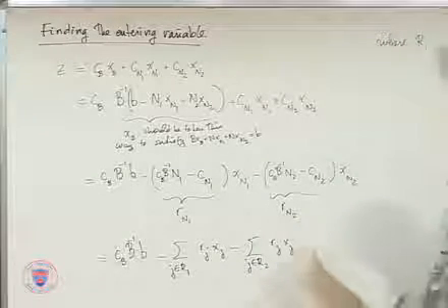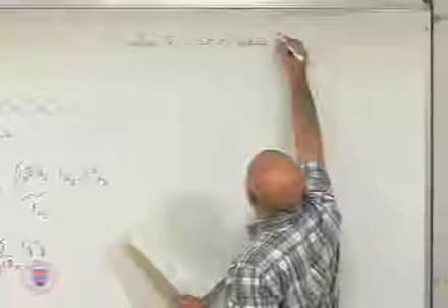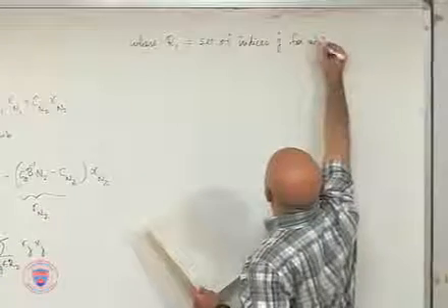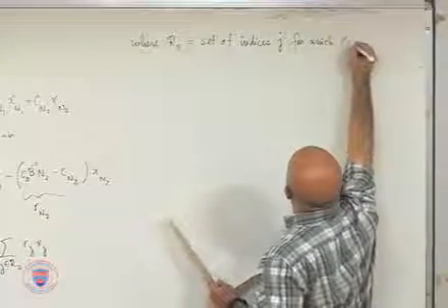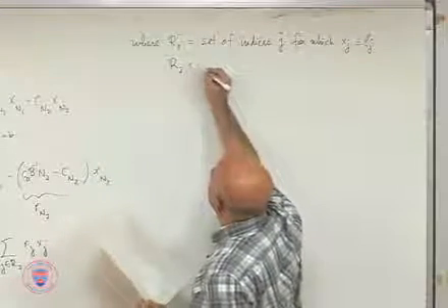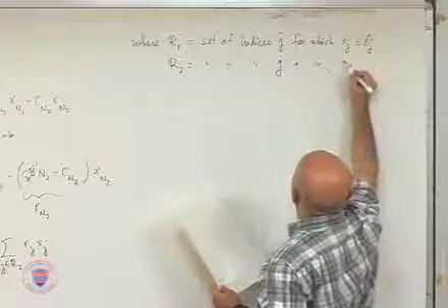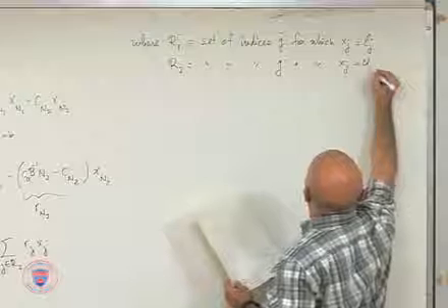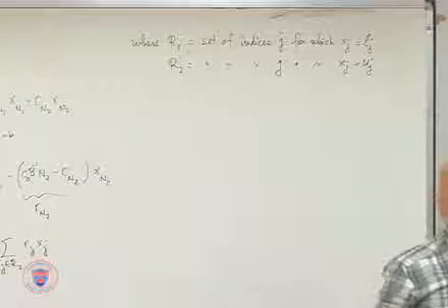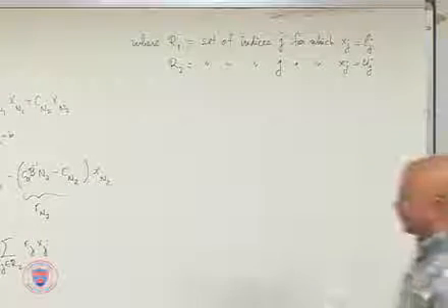where R1 is the set of indices j for which xj is at the lower bound, and R2 is the set of indices j for which xj is at the upper bound. Okay? So we partitioned the non-basic variables into two subsets, those at the lower and those at the upper bounds.